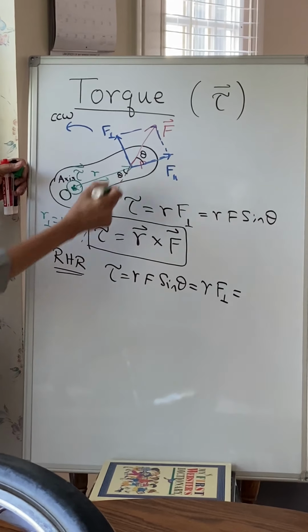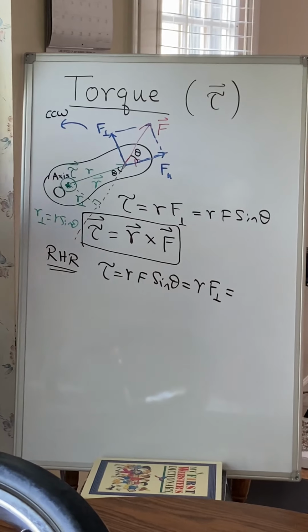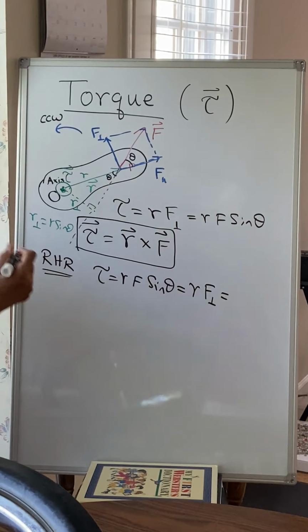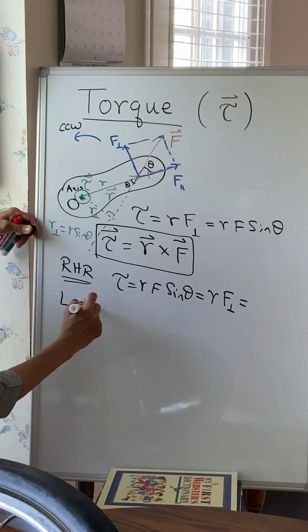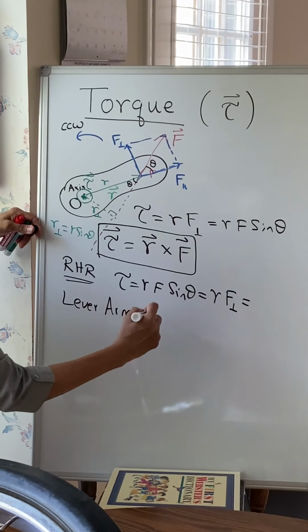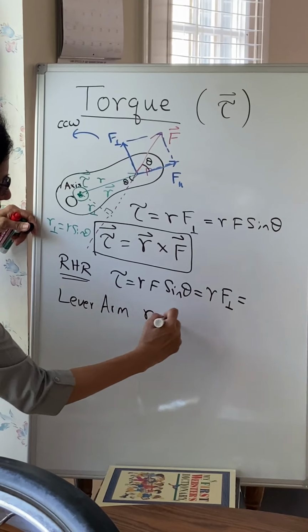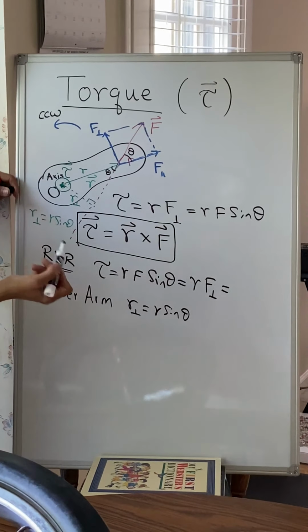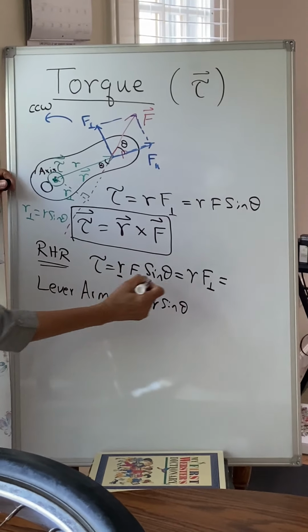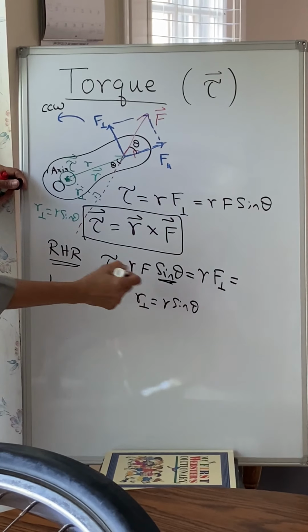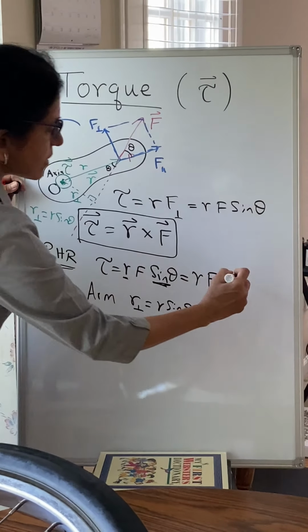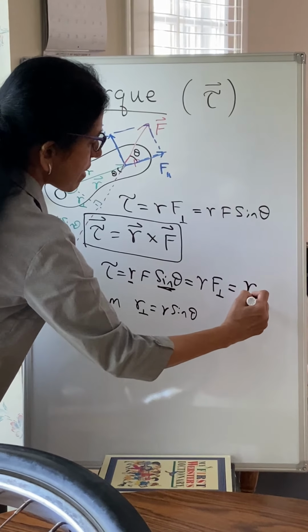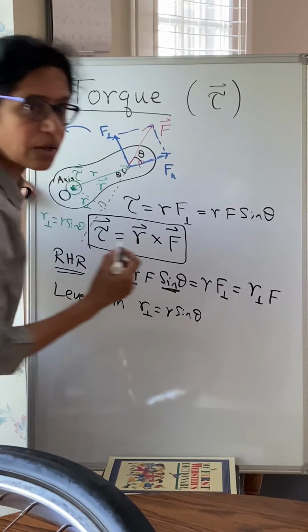And this is what is called the lever arm. So the lever arm for the torque is R perpendicular, which is R sine theta. So you can also think of the torque as, if you combine the R and the sine theta together, that's your lever arm or R perpendicular. So you can also say it's the lever arm times the force, you see.